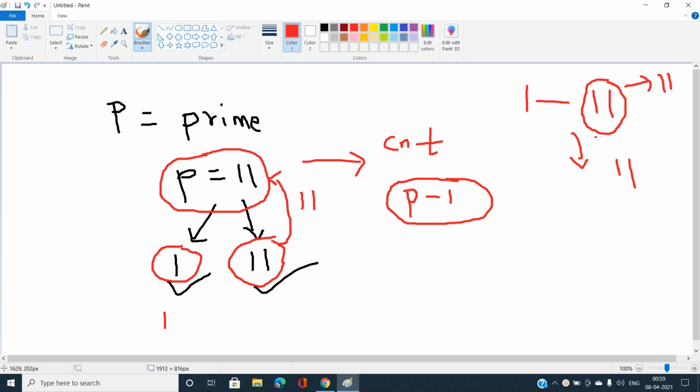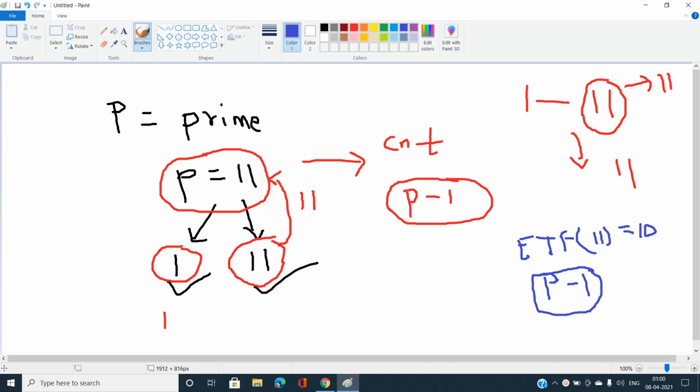All the remaining numbers are not factors of this P, so Euler's Totient function value at 11 will always come out to be 10. That is, if a number is a prime number, then the value will always come out to be P minus 1, that is phi of P.